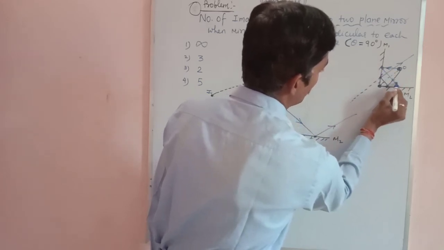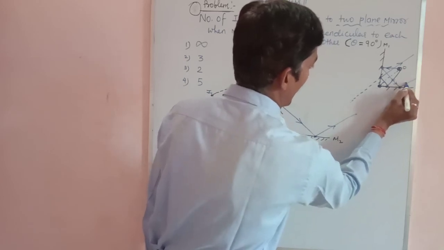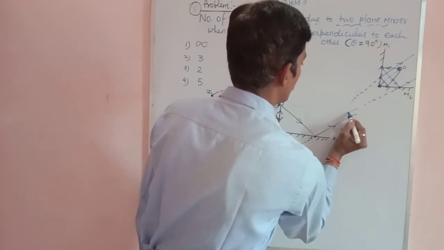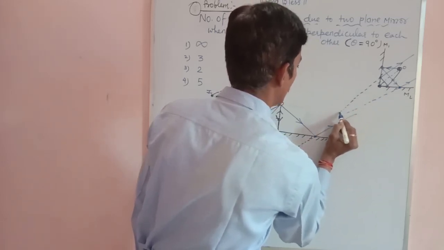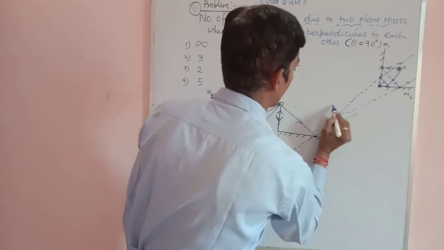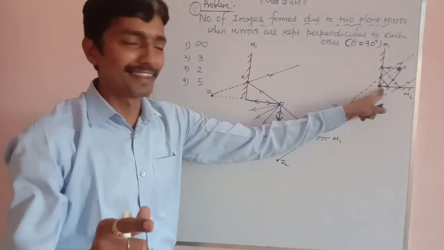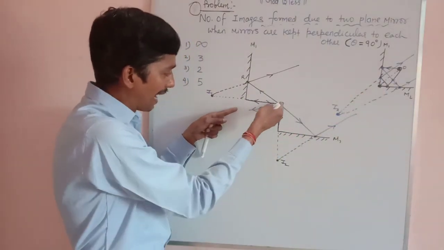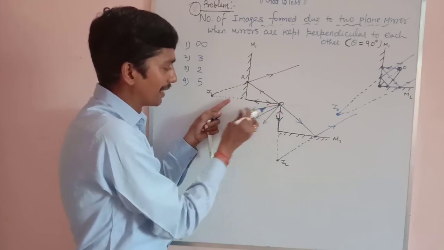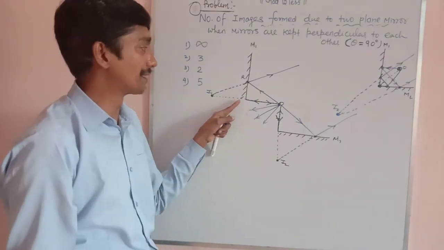Reflected here, it will be incident on M2, from here it is reflected and it meet at the back. And we are getting the third image I3 in that case. But here, even if the light will come from point object O, in this area there is no mirror. There is no mirror. I hope it is clear, my dear.